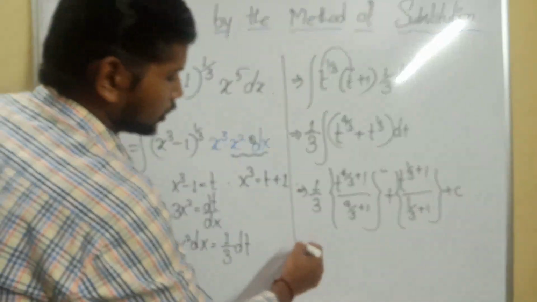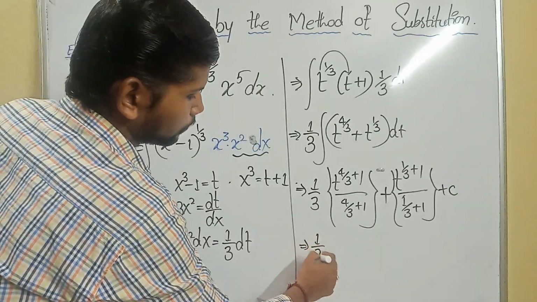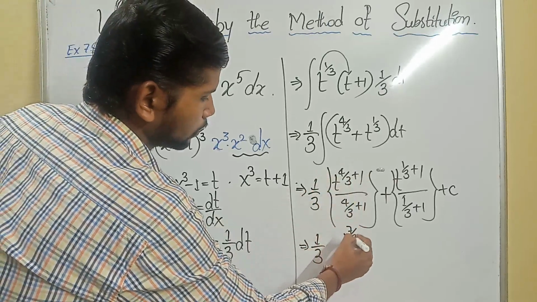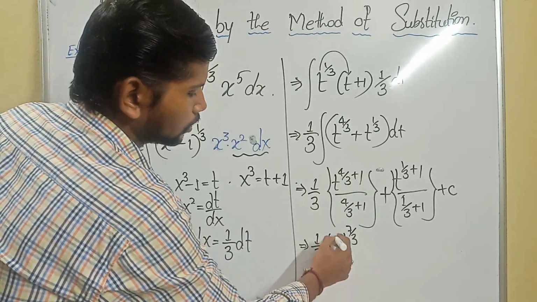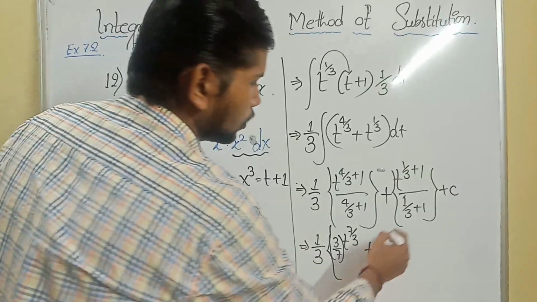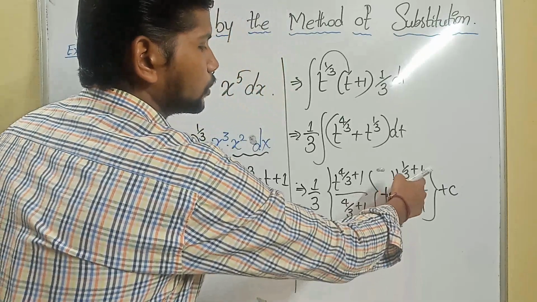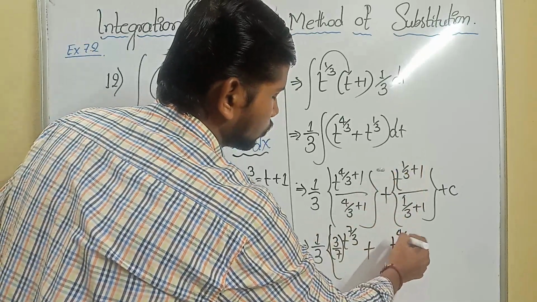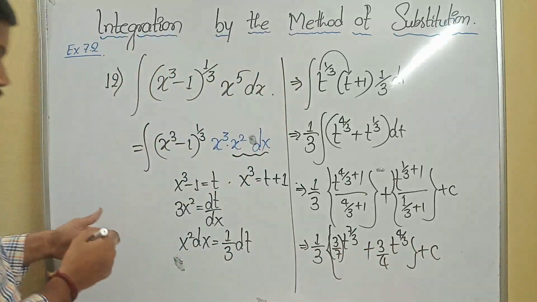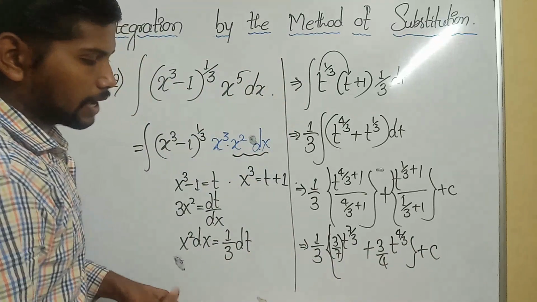Then the next step will be 1 divided by 3 times t to the power 1 by 3 plus 4, that is 7 by 3, so with 7 by 3 in the numerator, 3 divided by 7, plus t to the power 1 by 3 plus 1, that is 4 by 3, so with 4 by 3, 3 by 4, plus c. You can take 3 as common, meaning you can cancel it.